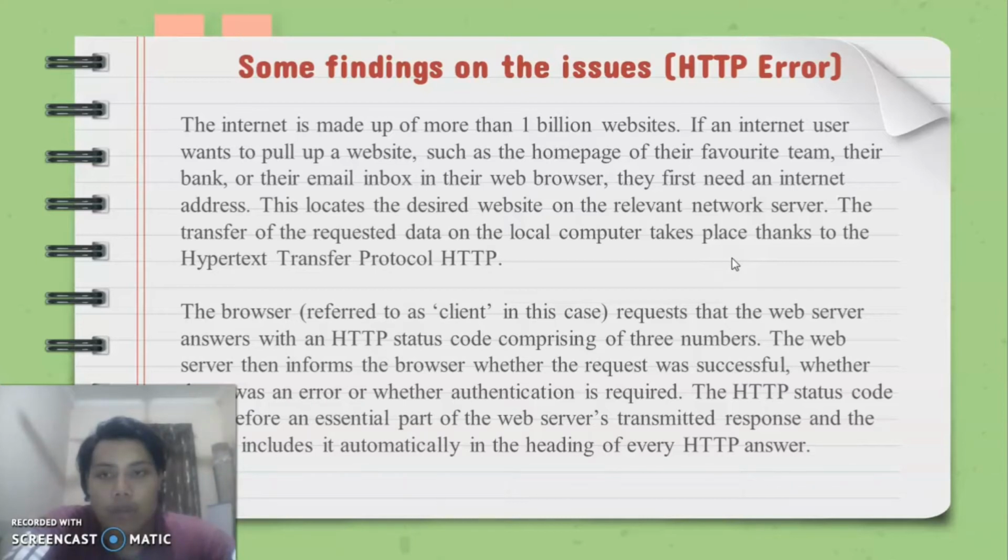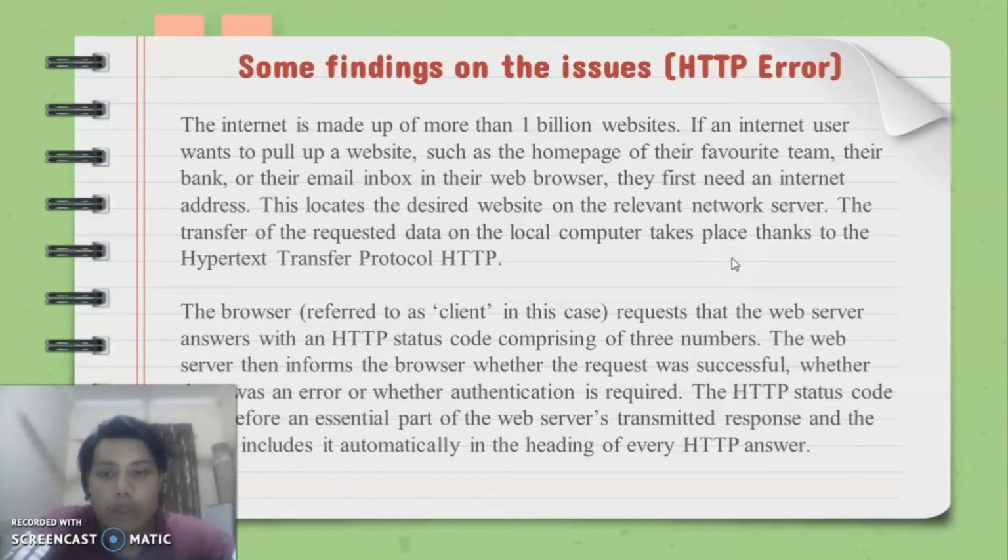The transfer of the request data on the local computer takes place thanks to the hypertext transfer protocol, which is HTTP. The browser, which is referred to as the client in this case, sends a request that the web server answers with an HTTP status code comprising 3 numbers.